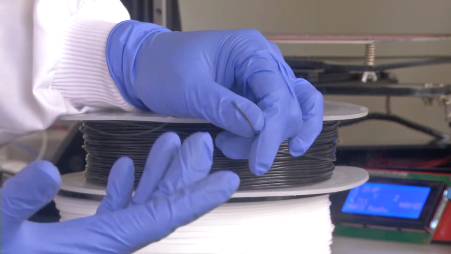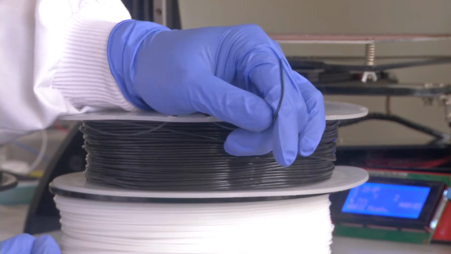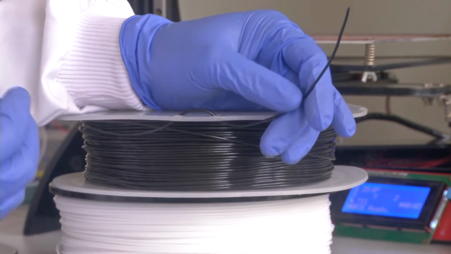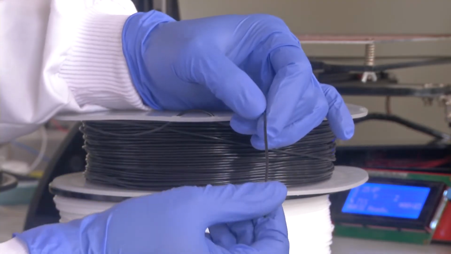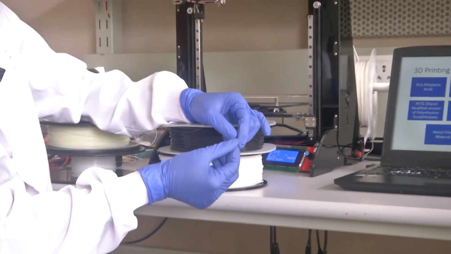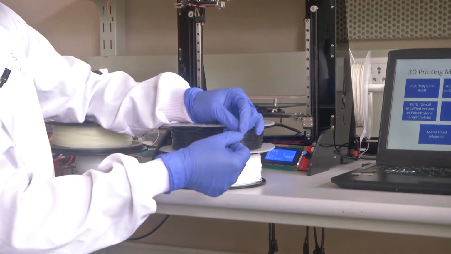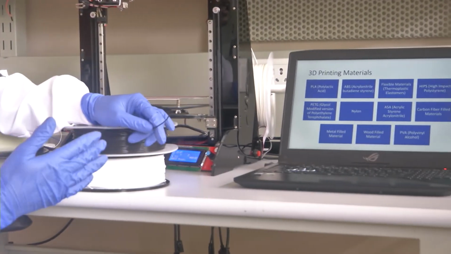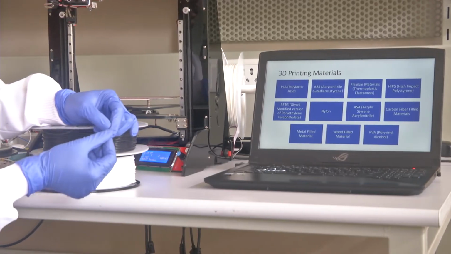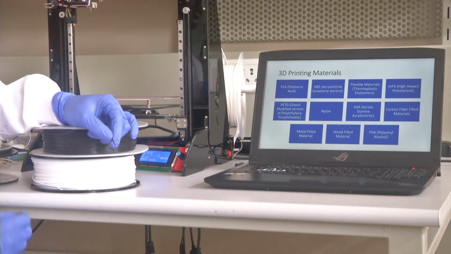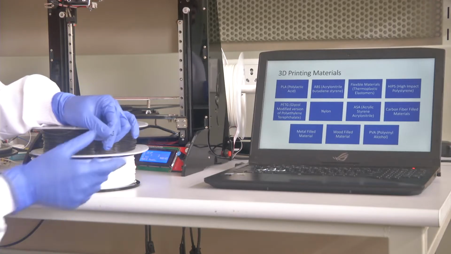The manufacturer will take fine powder of carbon fiber and mix it with PLA material to make this kind of filament, and the filament will have higher strength compared to PLA, but less than carbon fiber alone. So the material will be filled with carbon fiber fine particles.